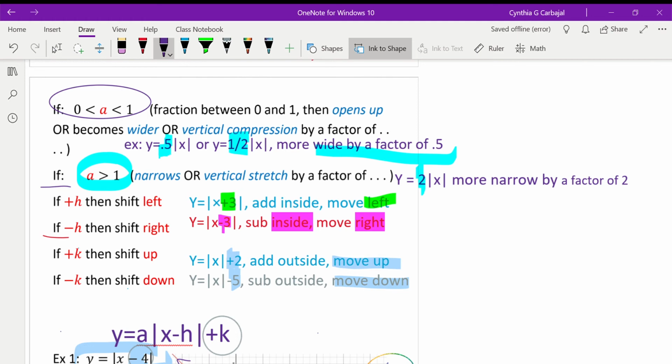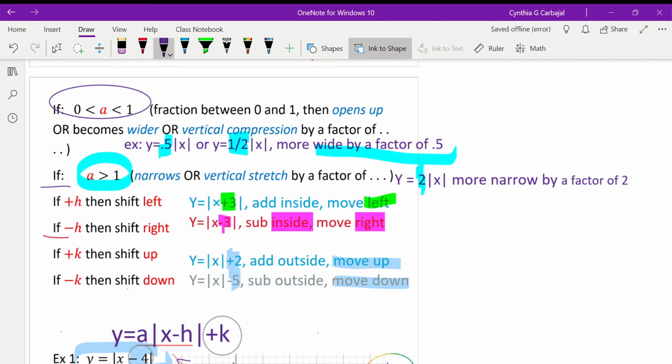My example here is y equals 0.5 absolute value of x, or 1/2 absolute value of x, which is the same thing. So this would become wider by a factor of 0.5. It's also referred to as a vertical compression.